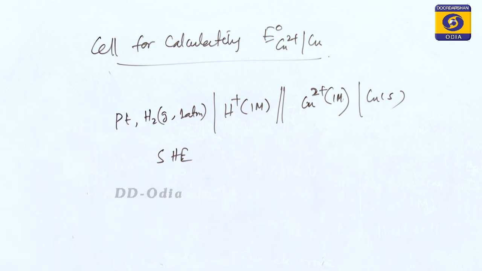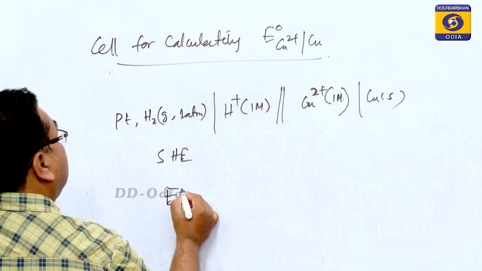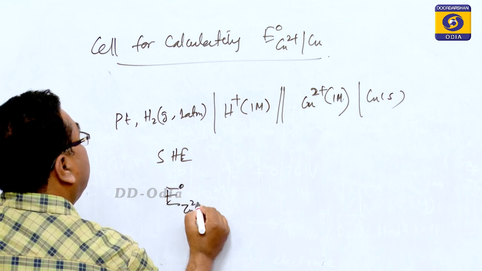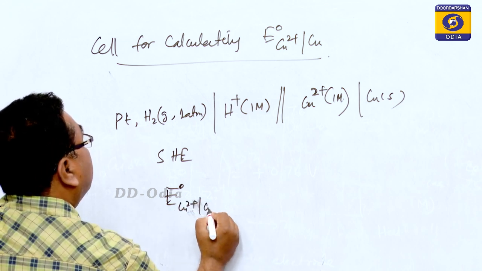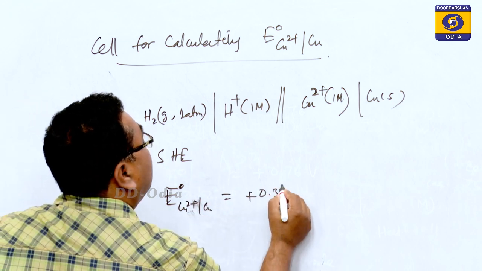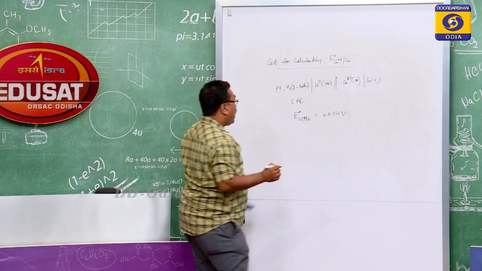For the standard, in the calculation we will get the value E0 Cu2+/Cu to be plus 0.34 volt. In fact, how can you get it?